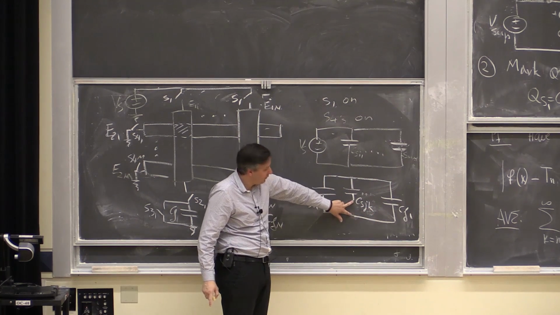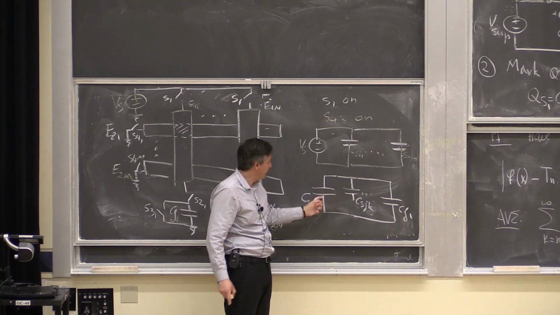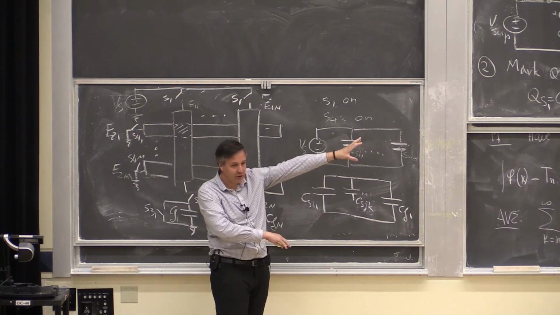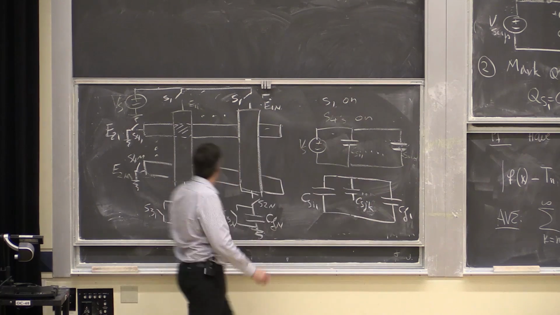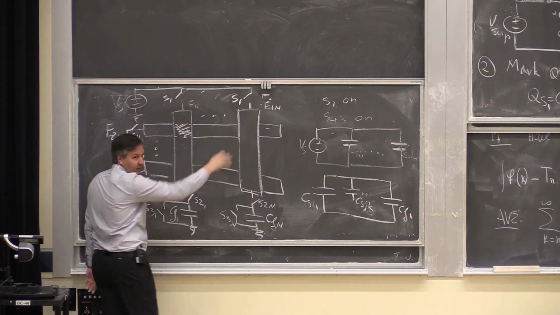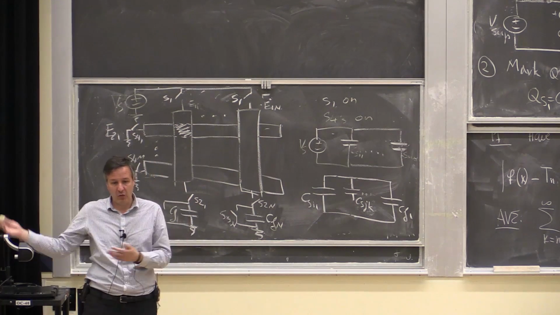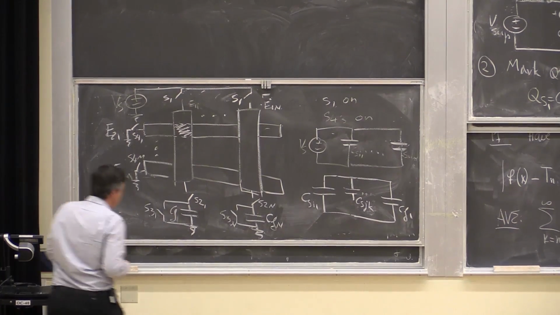Notice, because the bottom of the capacitor is not connected to anything, this capacitor holds its charge. So this charge sharing doesn't affect it. I still have the same situation as over there. CS11 charge shares with CF1, meaning this pixel charge shares with this capacitor and no other pixel. And then I can interrogate each pixel at a time and get the whole thing out. Okay? Okay, thank you.